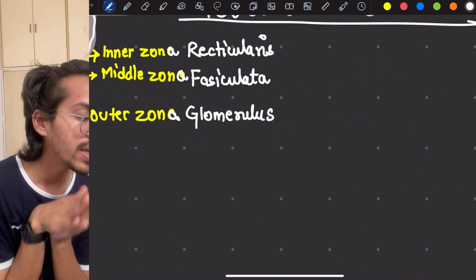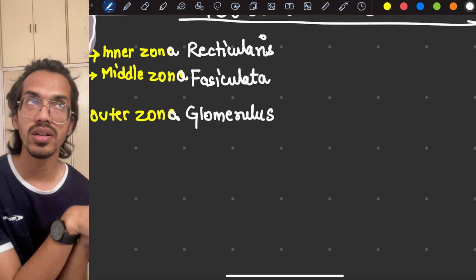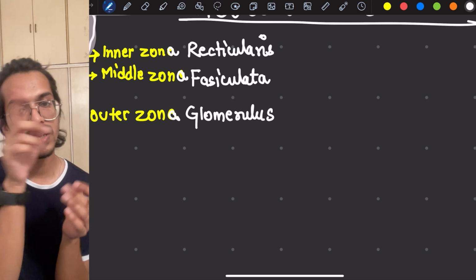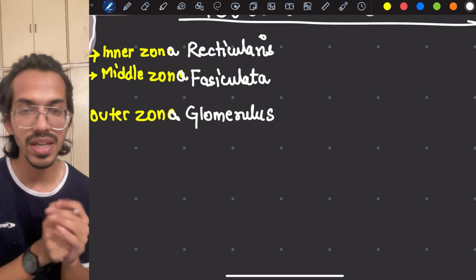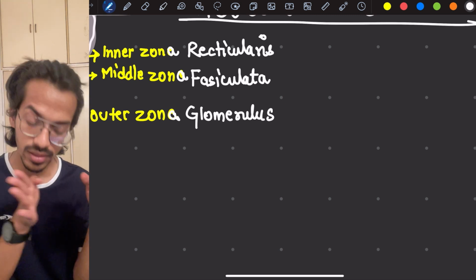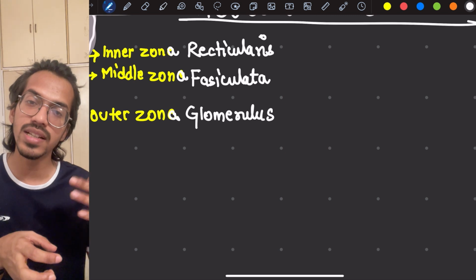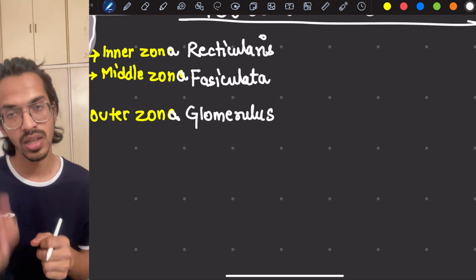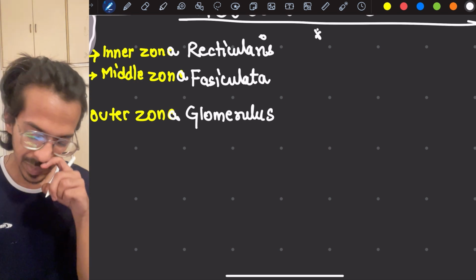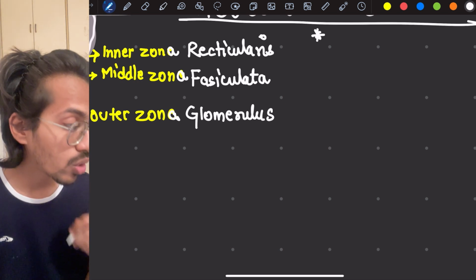Now the next thing is that the adrenal cortex releases different types of hormones. The other one, the medulla, releases catecholamines. Two types we have studied, epinephrine and norepinephrine, other names also there. Here these three layers are secreting different hormones. Three different hormones that we have to study. What are they? Number one is the corticoids.